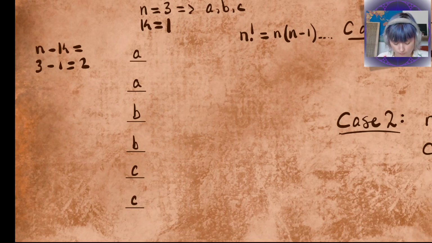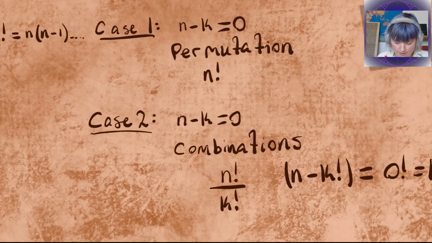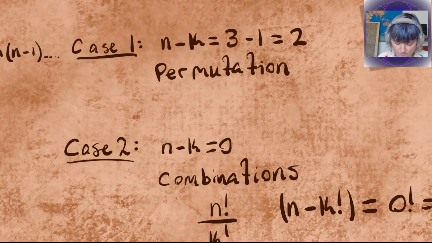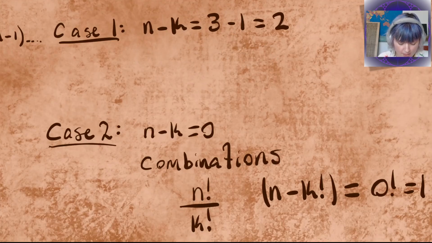So by removing 2 rows, we actually are going to be halving the amount of permutations. So when you are halving something, I think this is when you begin to think, okay, that means there has to be a factor in the denominator, right? So if we look at the case for permutations, where n minus k is equal to 3 minus 1, which is equal to 2, we can see that now the amount of permutations is being cut in half.